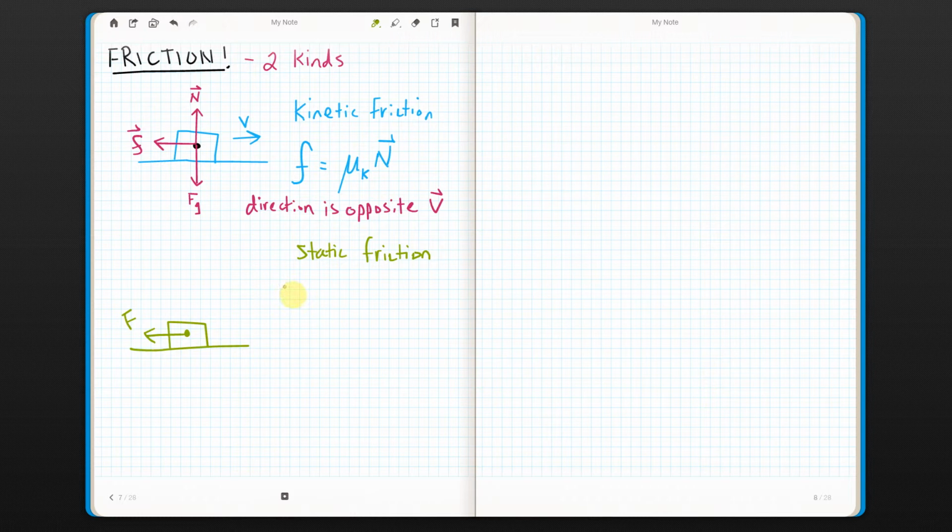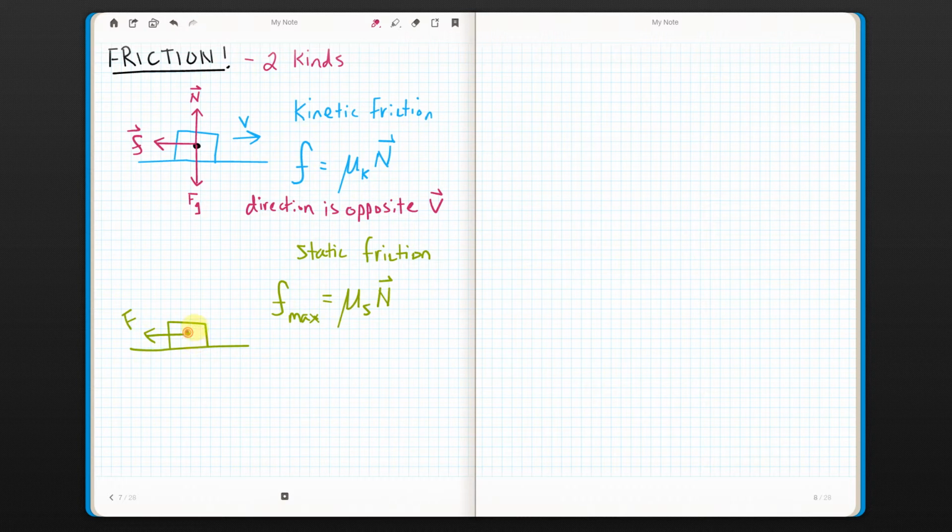Okay. And the equation is a little more complicated. It's still actually the same format, but this time that equation is giving you the maximum static friction. So it's going to be the coefficient of static friction times the normal force. Here's the thing. Turns out static friction is always exactly how much you need to have a net force of 0. Period. That's it. So again, let's say I have this box.